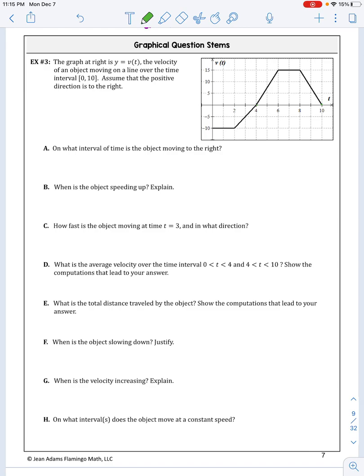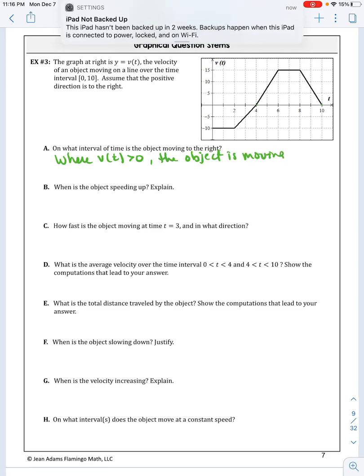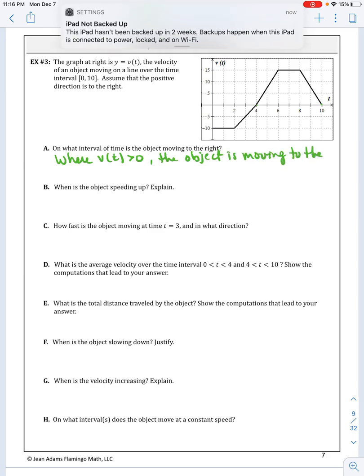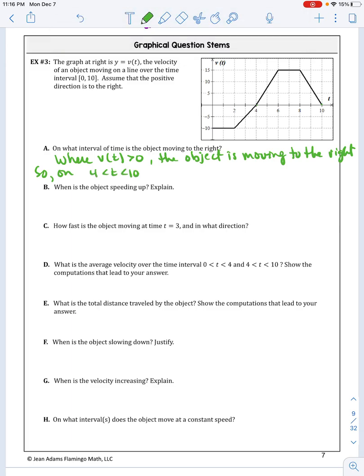So where the velocity is greater than 0, the object is moving to the right. So on the interval from 4 to 10, the object is moving to the right.